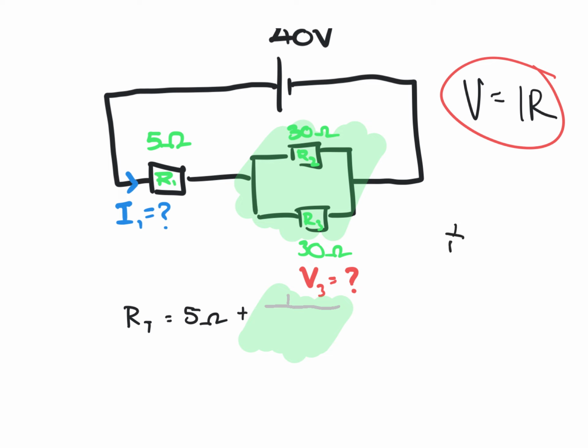Because it's 1 over RT equals 1 over R1 plus 1 over R2, right? So putting the 1 over is basically doing this. Okay, can you see that? So 1 over R, wait a minute, not R1, R2. That's the formula, but here this is R2, correct? Plus 1 over R3.